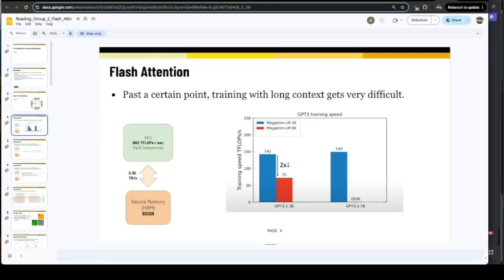Past a certain point it's basically impossible, and you will run out of device memory, or you have to do some very brutal offloading step. It's really painful. Next slide.